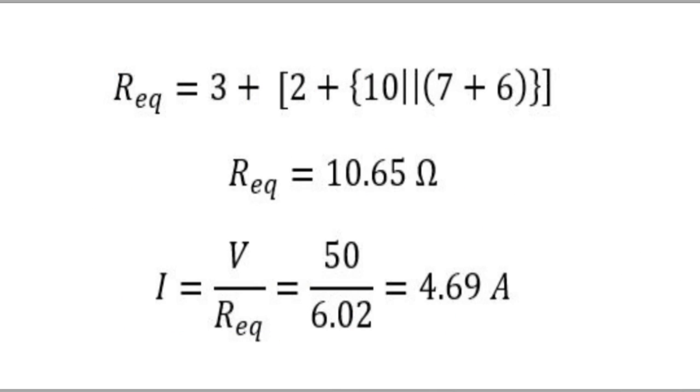So here 7 ohm in series with 6 ohm, parallel with 10 ohm, in series with 2, in series with 3. So we are ignoring here 5 ohm resistor. You will get R equivalent 10.65 ohm and current you will get 4.69 ampere.